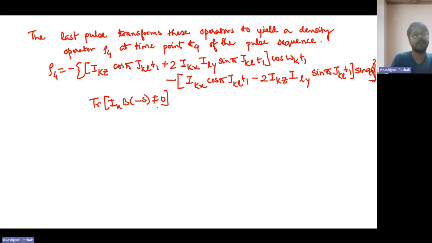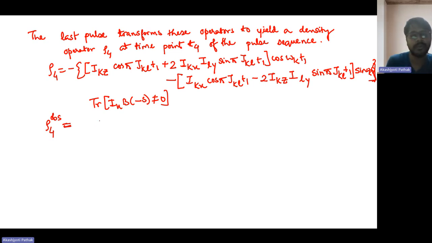This observable part of rho 4 is rho 4 observed. After time T4, we are just detecting the signal, so in this expression we have to look for only the observables.